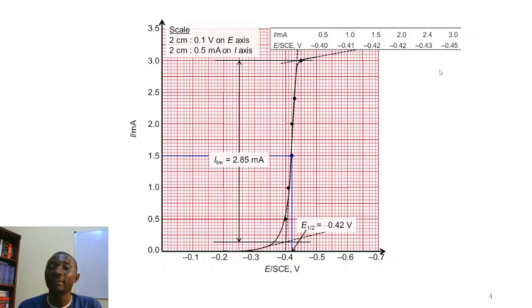To obtain E half, I divide the maximum current by 2 because it's half. I obtain 1.5. I trace to the point on the curve and then trace it back to the horizontal axis, and that gives me E half as negative 0.42 volts. This plot is known as a polarogram.